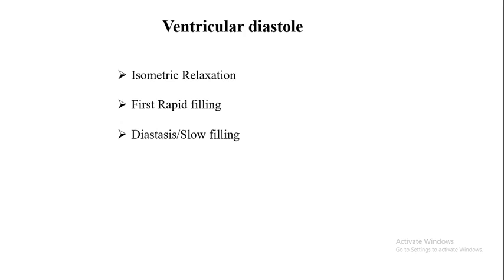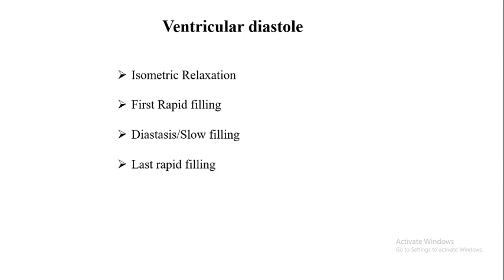In the last 0.1 second of ventricular diastole, on the auricular side, the auricle again contracts. So auricular systole takes place. Still the ventricles are in relaxation phase, and due to the auricular systole, rapid rushing of the blood occurs from the auricle into the ventricle.